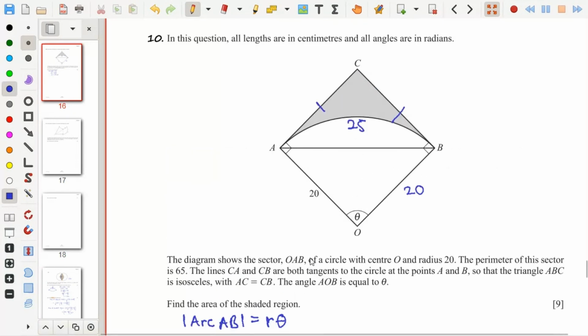Then look at this carefully. If I connect this, I pass a line through this side. What do I have? This is a kite because two adjacent sides are equal in length.